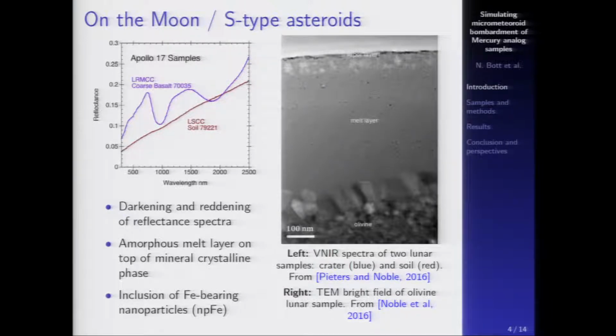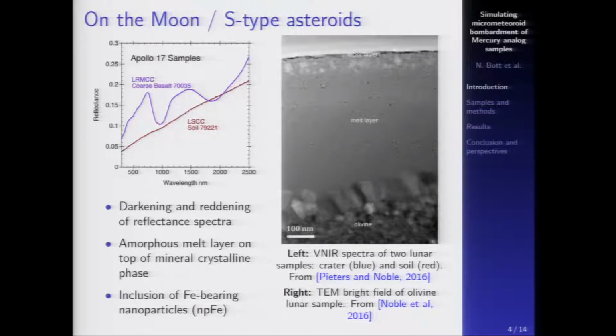The blue-violet one is a sample that has been taken in an ejecta of a crater, so it should be a fresher material. And the red spectrum is a spectrum of lunar soil, so it should have been exposed longer to space weathering. What we can see is a darkening of the spectra, and we also have a reddening.